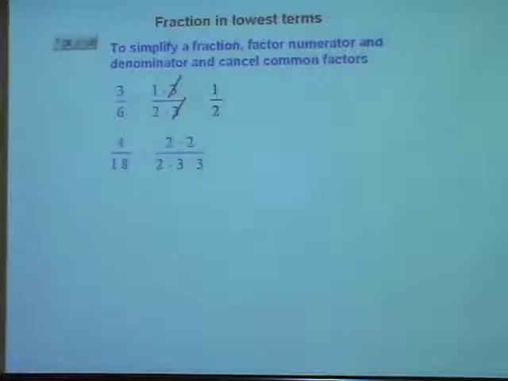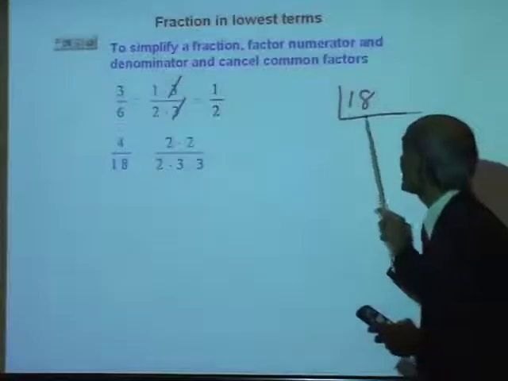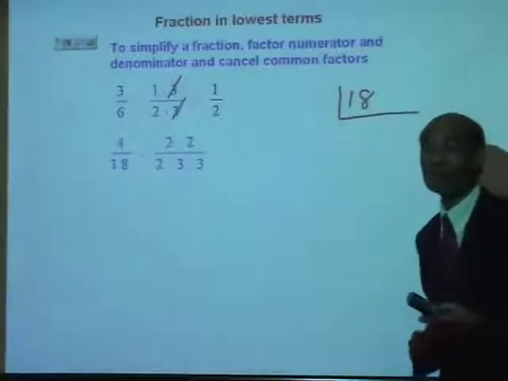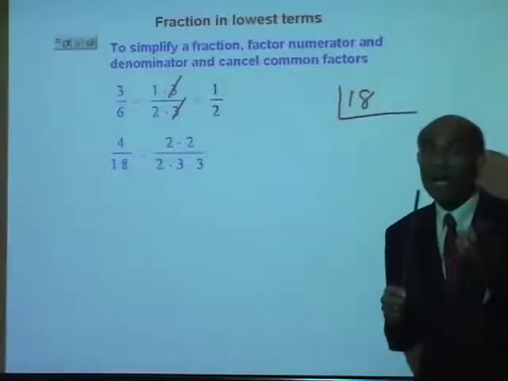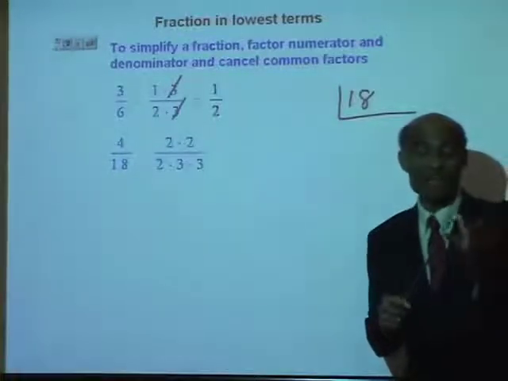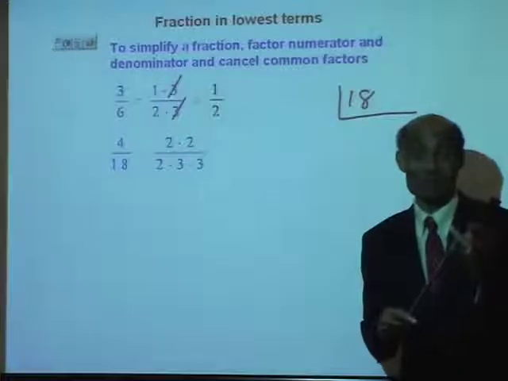Let's factor 18. Now look at the way I'm going to do this. Write 18 there and ask yourself, what is the smallest number you can divide this 18 by? You've got to start with 2. Ask yourself, can I divide 18 by 2?